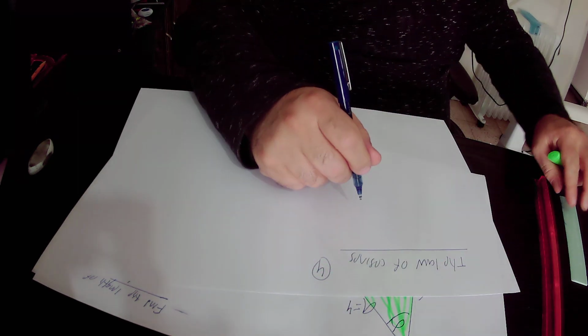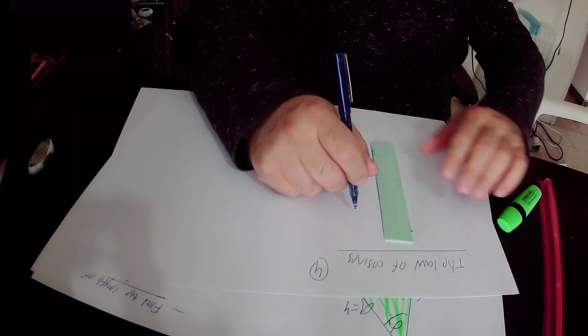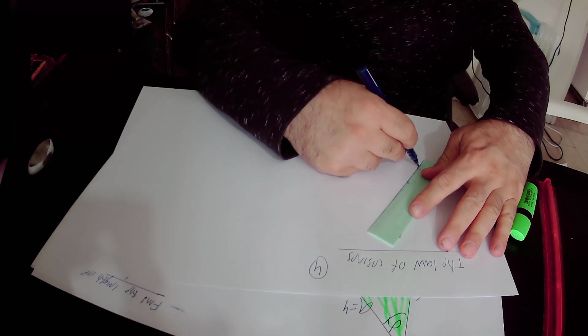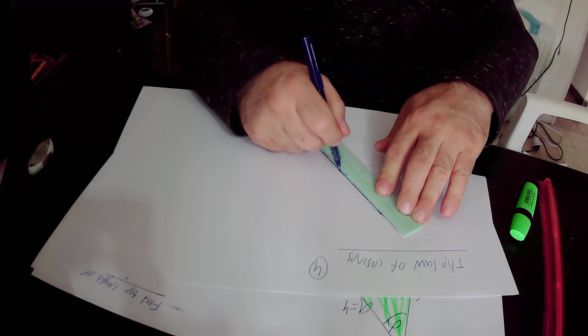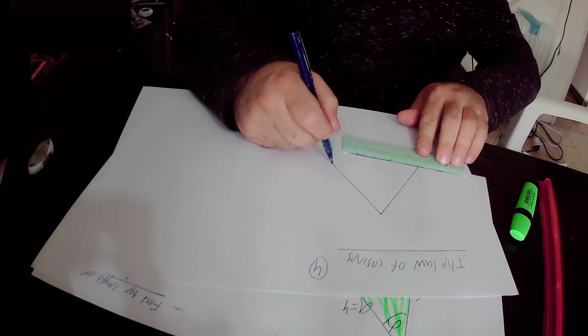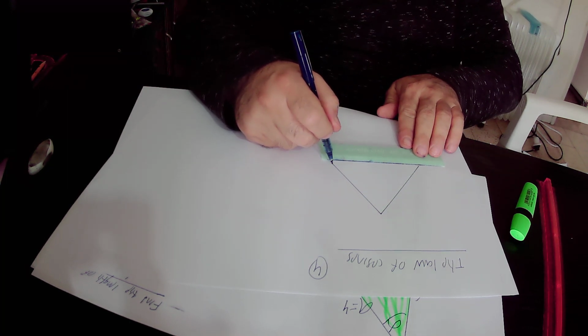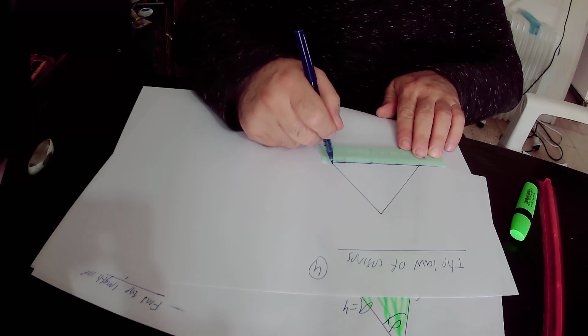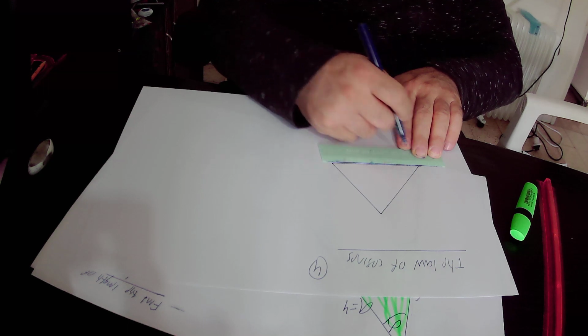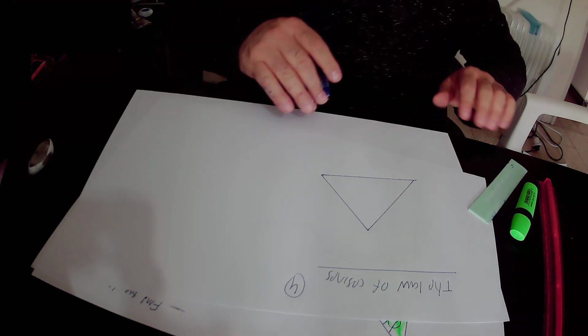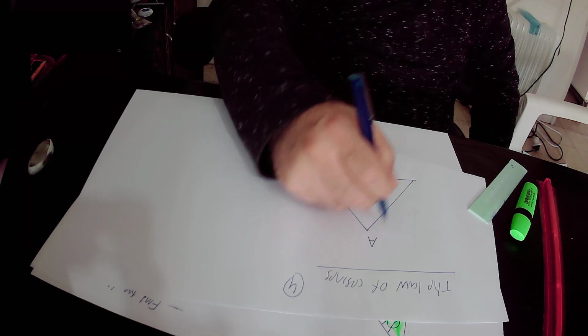So if we have a triangle ABC, that could be any triangle, and this is triangle ABC.